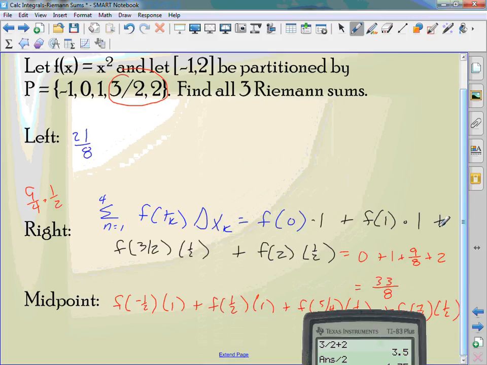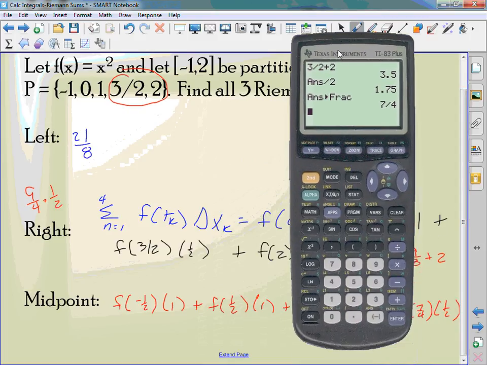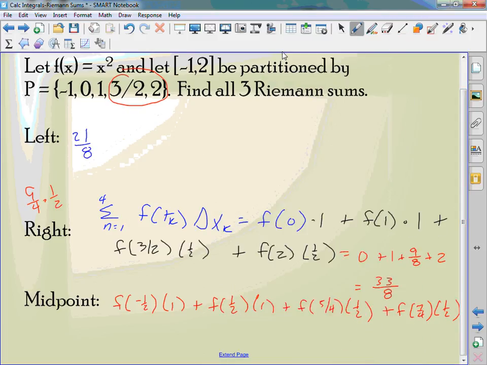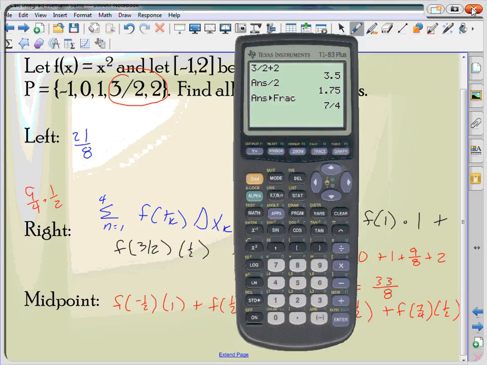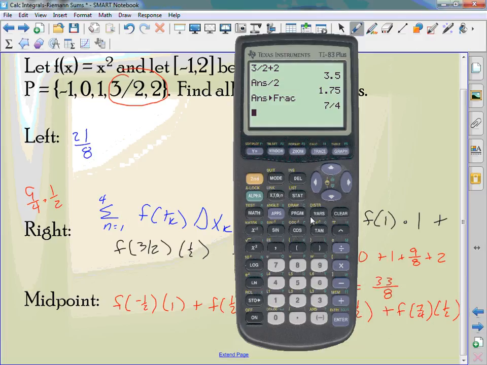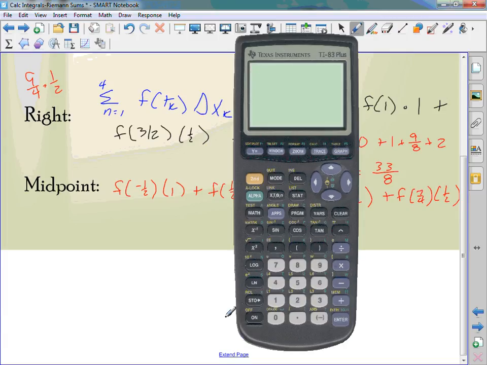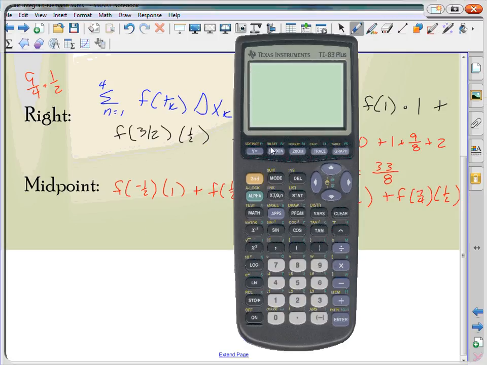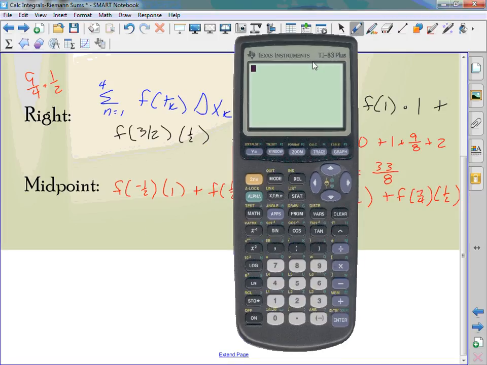Now I go through and find every single one. So I have negative 1/2 squared, which gets me 1/4 times 1 is 1/4.